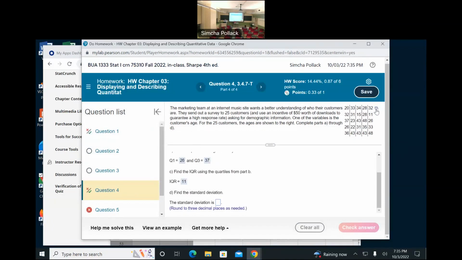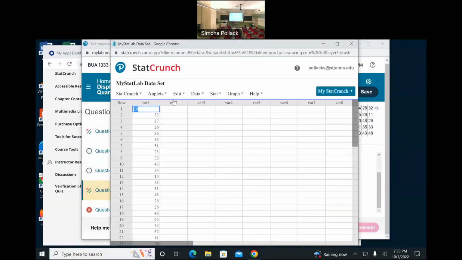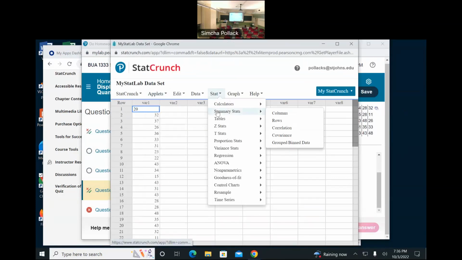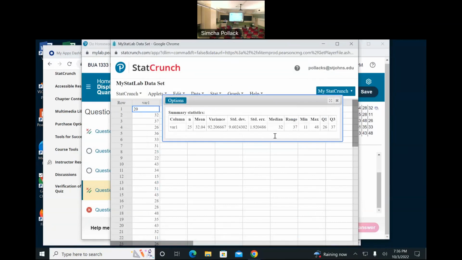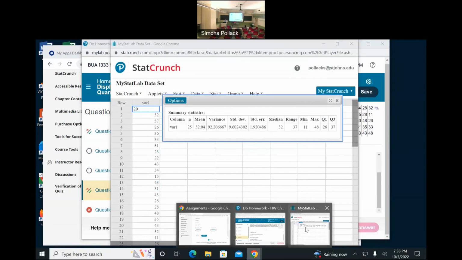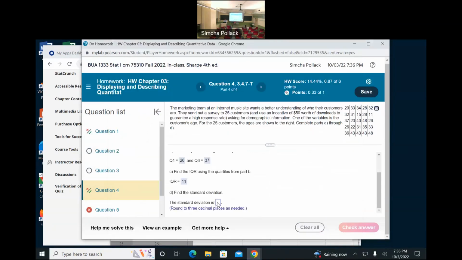So here's how you get it in StatCrunch. Open StatCrunch. Stat, Summary Stat, Column. It's already there, standard deviation. Hit compute, and the standard deviation is 1.92.